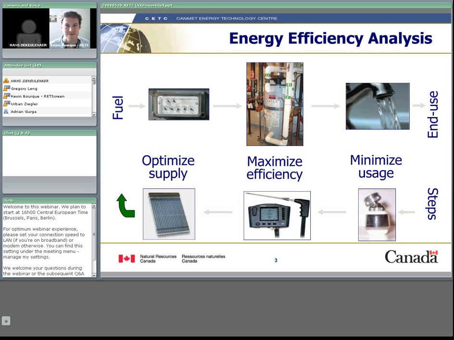So it's important to follow these steps here on the bottom to minimize the usage. In this case, that would be to change the windows first, and then maximize the efficiency, then look to changing the furnace. If you don't follow it in this order, you end up with suboptimal equipment and wasted energy, things working at less than their optimum efficiency.